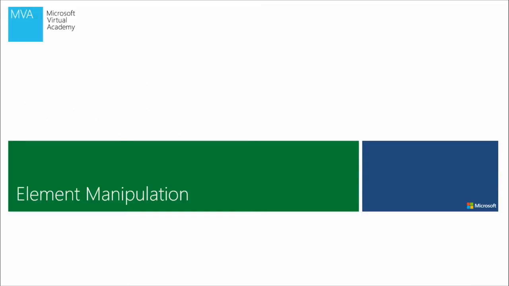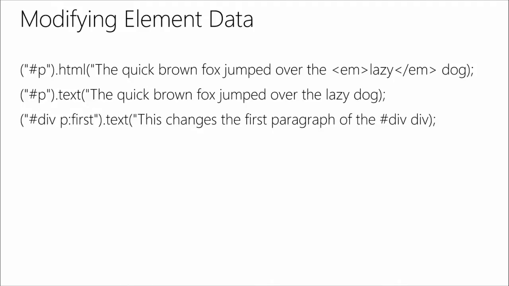So element manipulation. We have a selector. Once we've selected our wrap set, we can then run a method on it. And in the case here on the slide, I'm selecting a paragraph, and then I'm resetting its data by calling HTML or text.